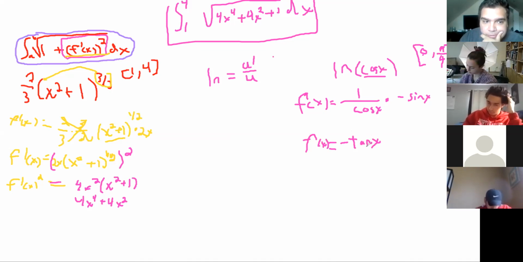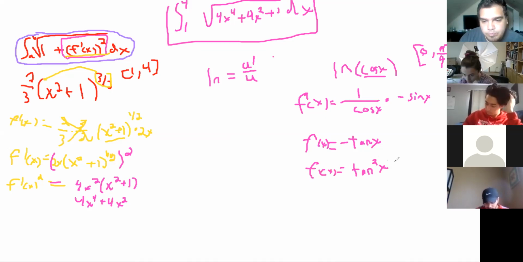But remember, we've got to square it. So the negative tan x times negative tan x is going to be a positive tan squared x. So that's our derivative.